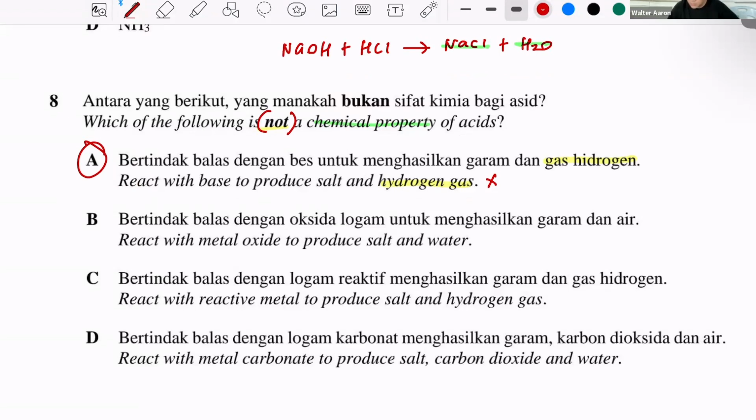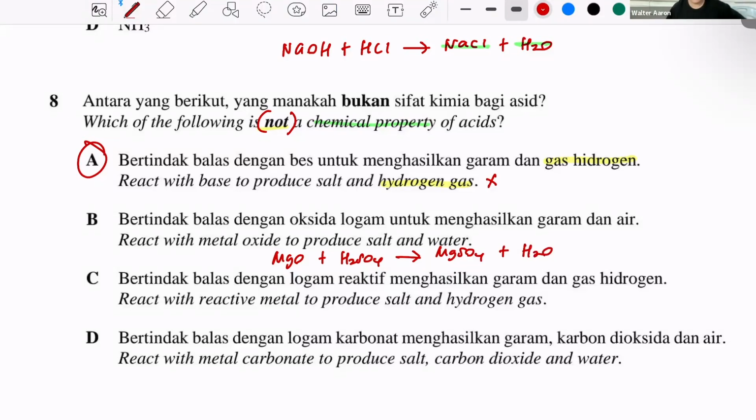For example, you can take, let's just say, magnesium oxide and you react it with sulfuric acid. So alkaline oxide can react with acid and you will get, for example, magnesium sulfate, and also water being produced.